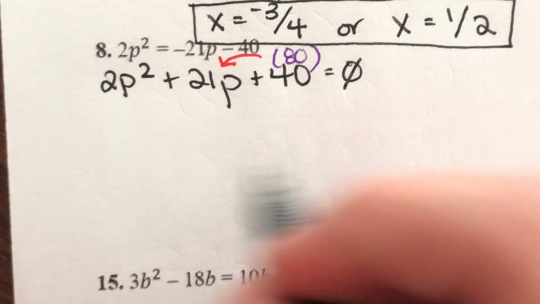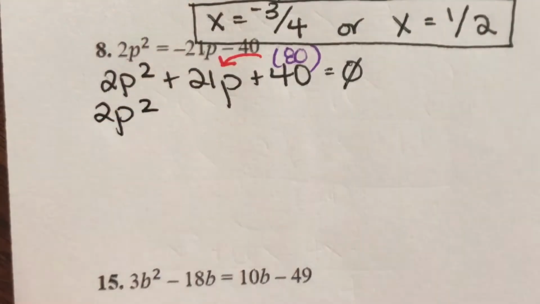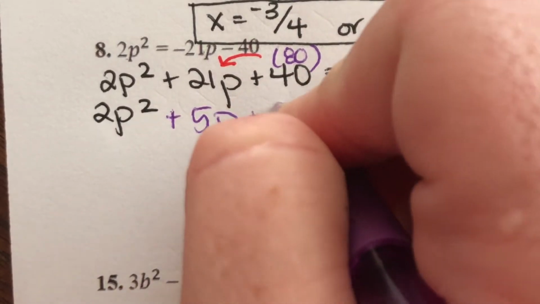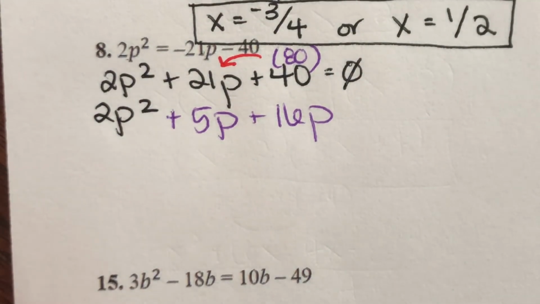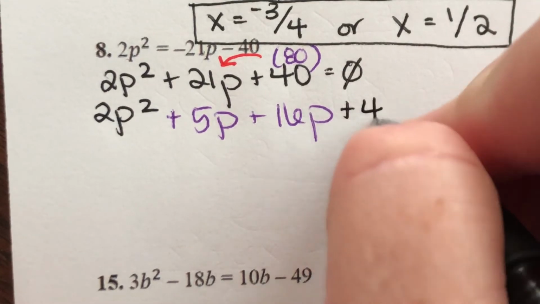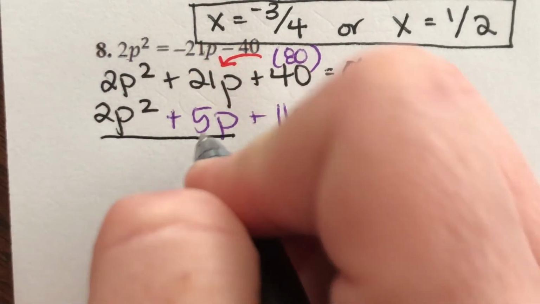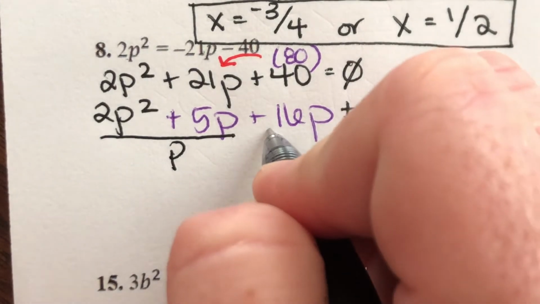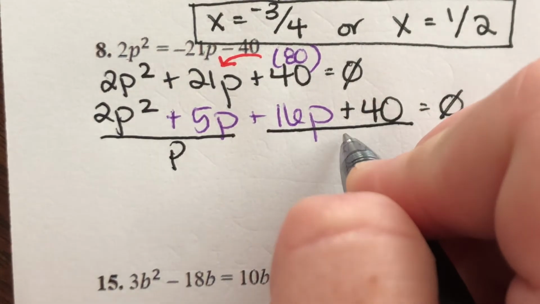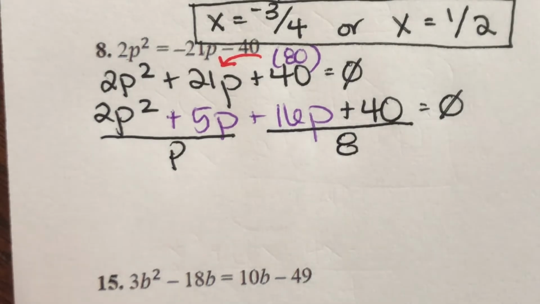So I'm going to rewrite this as 2p squared plus 5p plus 16p plus 40 equals 0. And then I can group. I can divide both of these by p. I can divide both of these by 8 and then rewrite that.